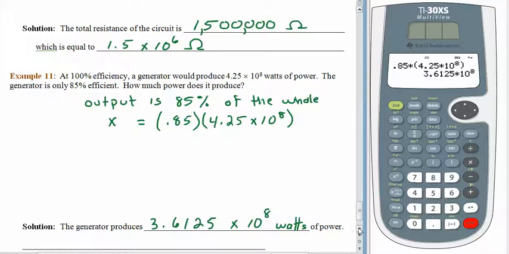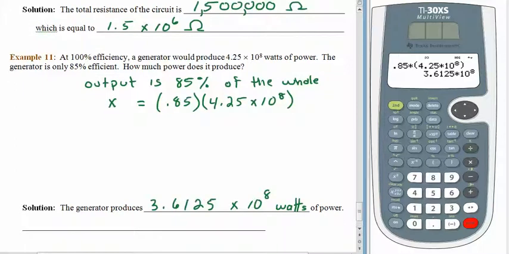Now, of course, if somebody wants to know how much that really is, we could convert it. It's not hard. We know that we need a 3, a 6, a 1, a 2, a 5, and the question is, where's this decimal point going to go? Times 10 to the 8th tells us that this is going to be a very large number. So we need to move to the right 8 spaces.